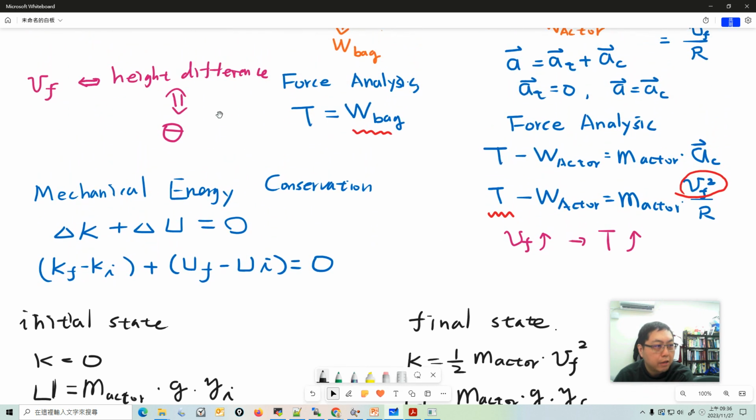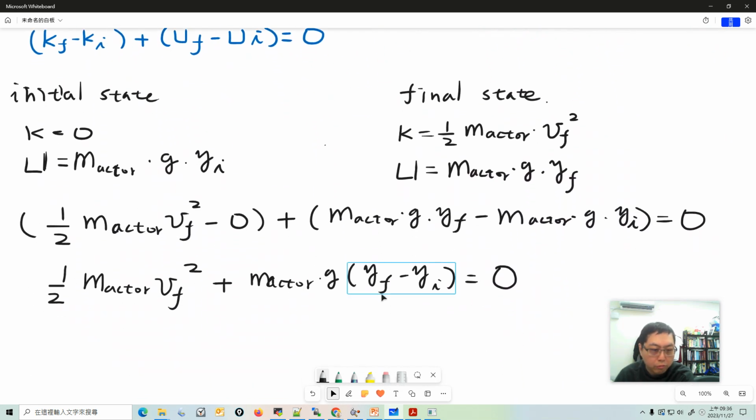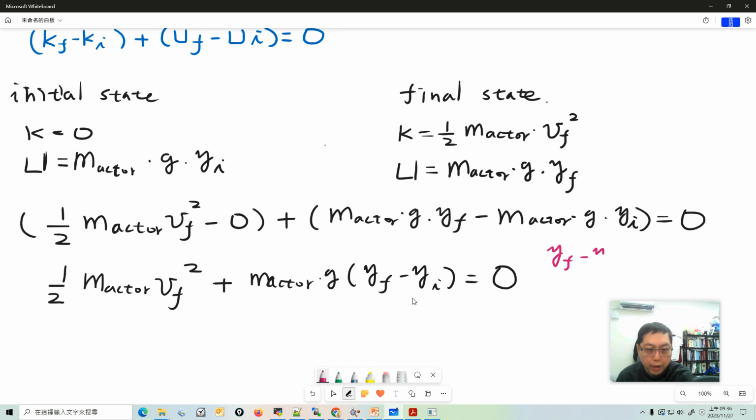I just said the height difference can be associated to theta. Here we have the height difference yf minus yi, and we want to associate this to theta.